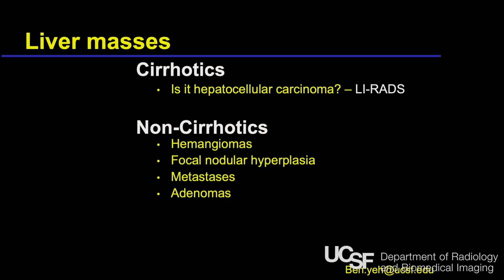If the patient's cirrhotic, they're at risk for developing hepatocellular carcinoma, or the patient has a history of hepatitis B. They don't have to be cirrhotic to have a risk of HCC with hepatitis B. So in hepatitis B patients and cirrhosis, we think about, is a mass HCC or not, or possibly cholangiocarcinoma. And for everyone else, the non-cirrhotics, we will try to tell whether this mass has typically benign features or does it have some other features that we should look at more closely.